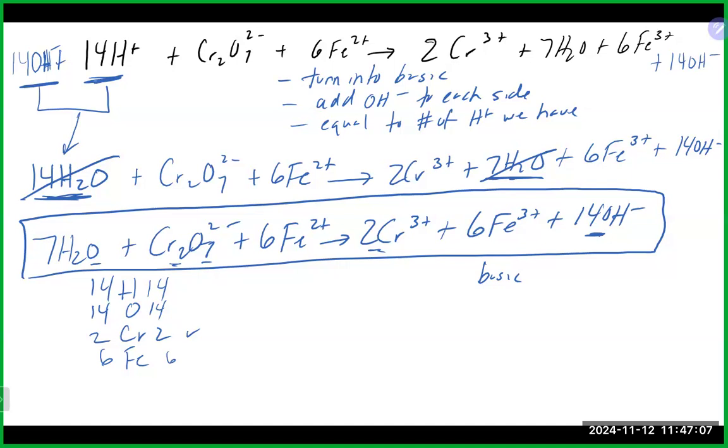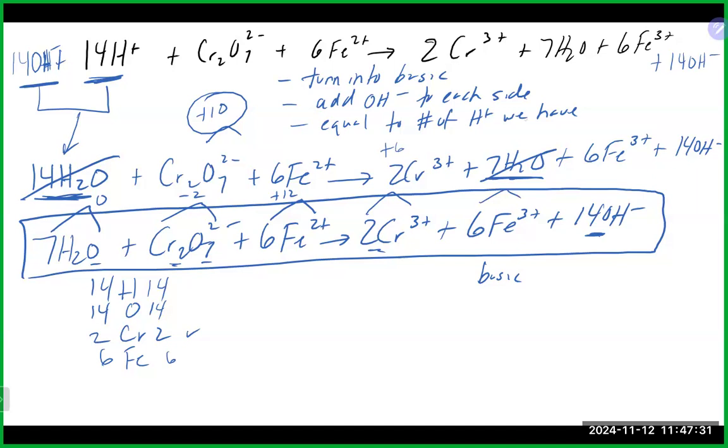Overall charge, we got this guy is going to give us 0. This whole thing is going to give us a -2. And this whole thing is going to give us a +12. So that's +12 and -2, a net +10 on the left-hand side. Going to the right-hand side, this guy here is going to give us a +6.